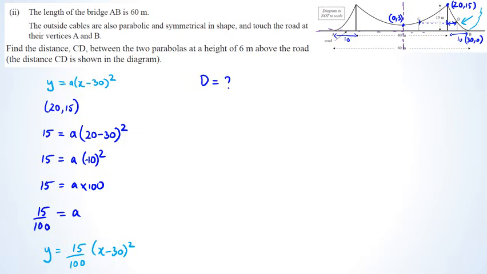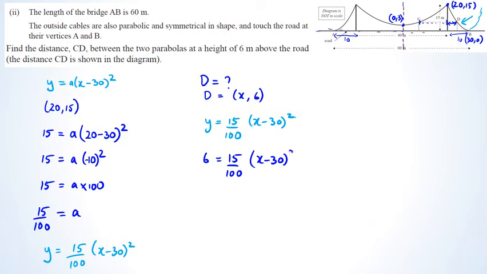I know the value of y in D. So I know that D equals (x, 6) because I know it's 6 meters, the same height as C. So I can substitute this in the light blue parabola equation, y equals 15 over 100 multiplied by (x minus 30) squared. So y is equal to 6, so 6 equals 15 over 100 multiplied by (x minus 30) squared.